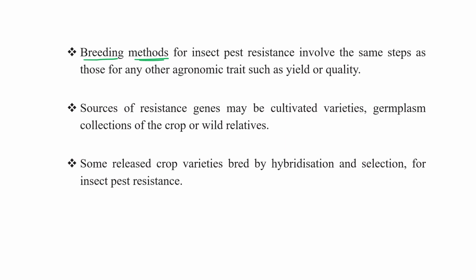I just want to tell you that all the steps are the same as we already discussed in our previous lecture, where we discussed development of hybrids which have the capability to produce high yield or high quality crop plants.